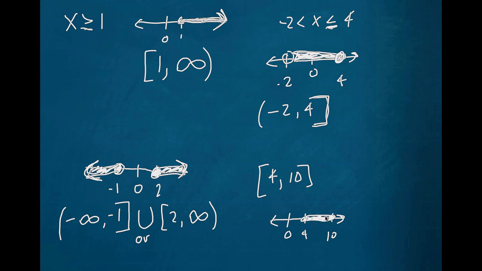If we wanted to express this as an inequality, it would say 4 less than or equal to x less than or equal to 10. Again, everything goes left to right. On the number line, when we look at it, it goes from left to right, 4 to 10. Our inequality from 4 to 10. And our interval from 4 to 10, reading left to right.